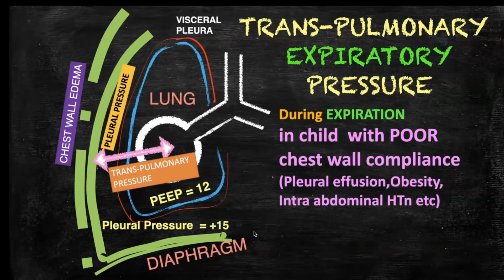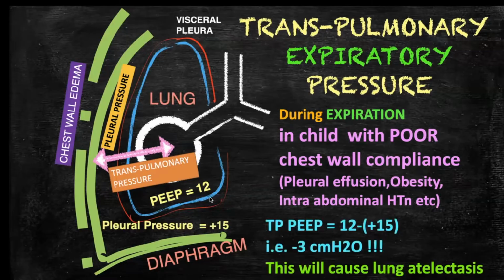Then if you calculate the transpulmonary pressure during expiration, you have 12 minus plus 15, which is minus 3 centimeters of water. So the transpulmonary pressure is actually a negative value, and a negative transpulmonary pressure means there will be atelectasis at the lung bases. So that's a point of concern.